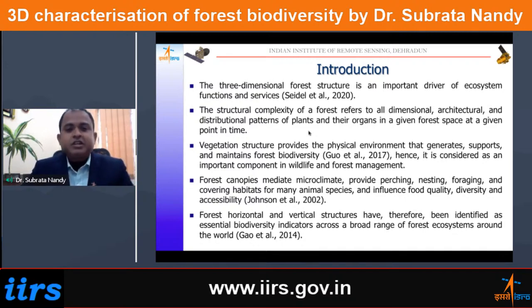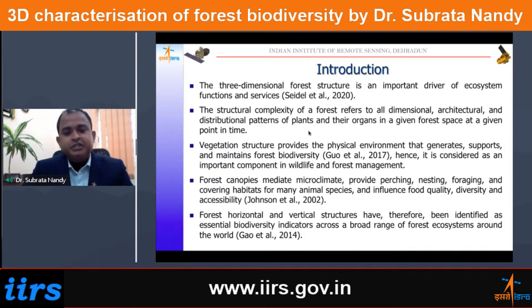This vegetation structure provides a physical environment that generates, supports, and maintains forest biodiversity. Therefore, it is considered a very important component for forest management as well as wildlife management.